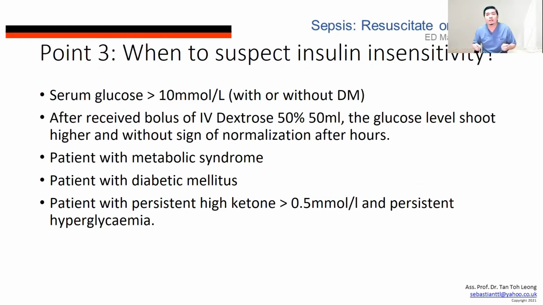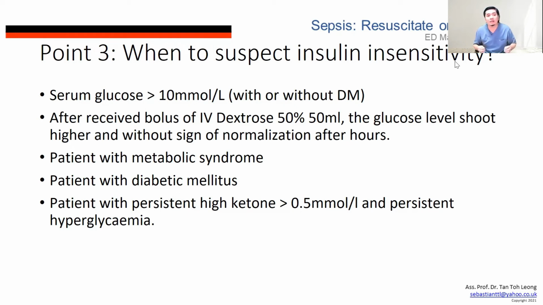So point number 3, if you suspect insulin insensitivity, why do we need to know that? Because if the patient is unable to regulate glucose properly, insulin insensitivity will definitely affect the patient's cellular glucose utilization. How do we suspect insulin insensitivity?